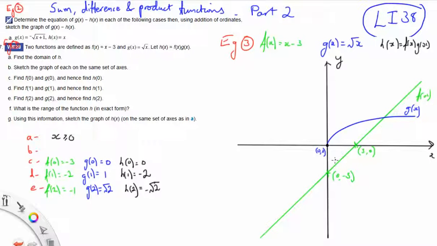That's about right. And h of 2 is going to be negative root 2, which is negative 1.41. So what do you reckon? It's going to be somewhere around here.